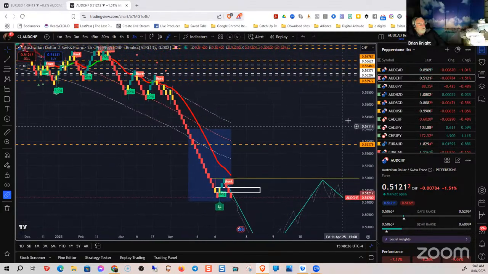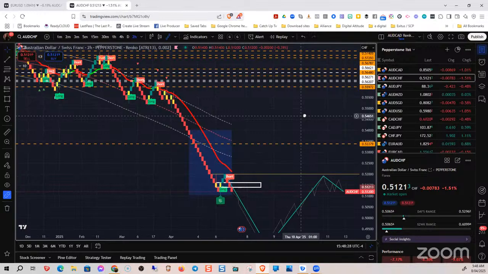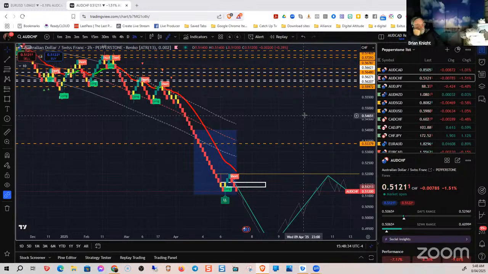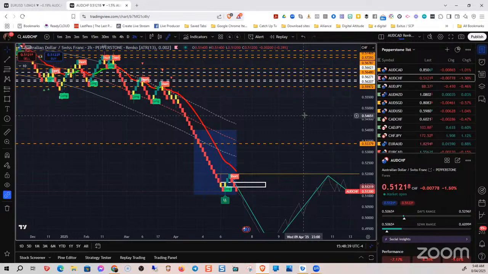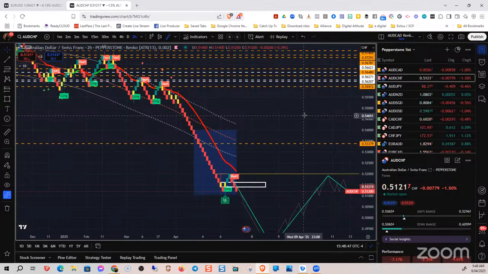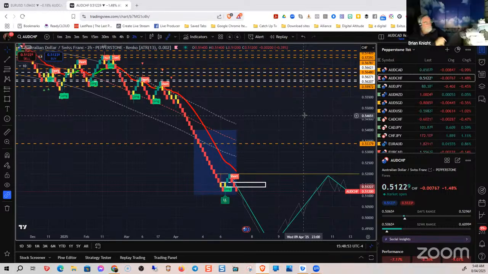And then we're going to have a change during the week at some point where we're going to get a push back up, when panic sets in. And it's the same thing on every pair.